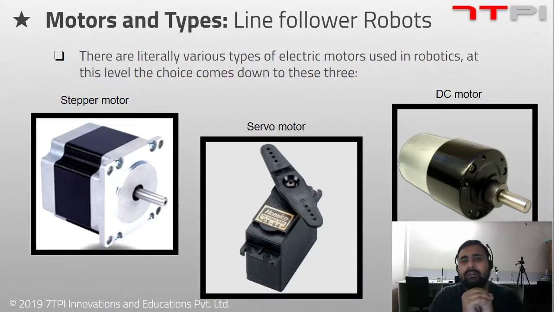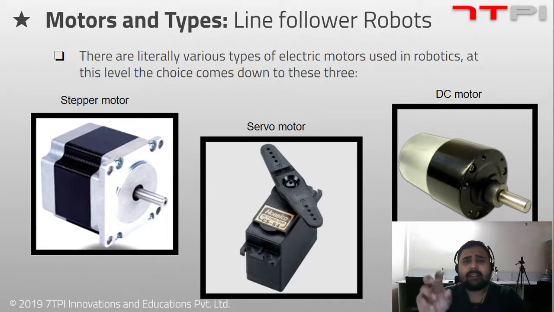Okay, so there are different types of motors for different types of robots depending on the application. For example, if we have an application in which we require a fast or rapid movement for a robot, we will use a different kind of motor. Let's say we can use a DC motor, which is normally used in a wheeled robot.